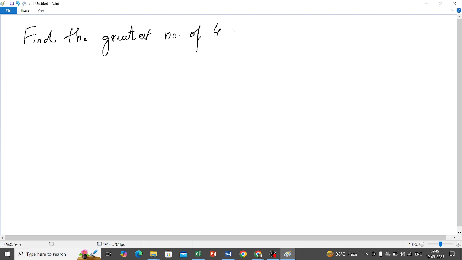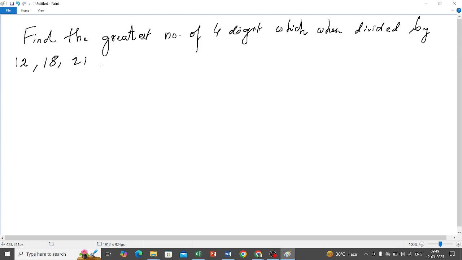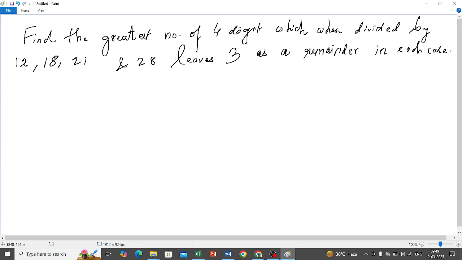Find the greatest number of 4 digit which when divided by 12, 18, 21 and 28 leaves 3 as a remainder in each case. Try this out.